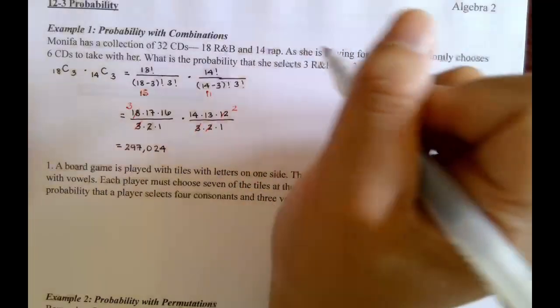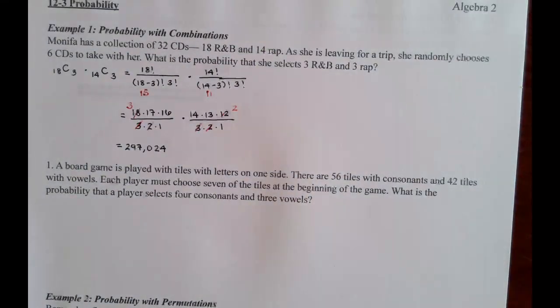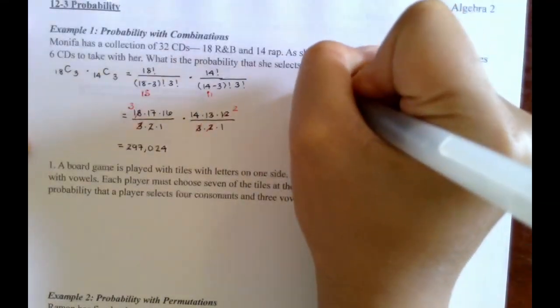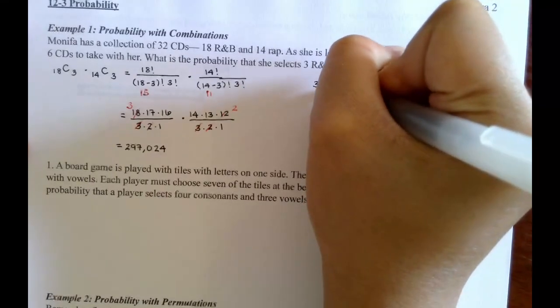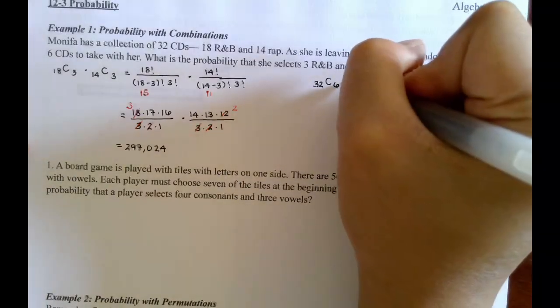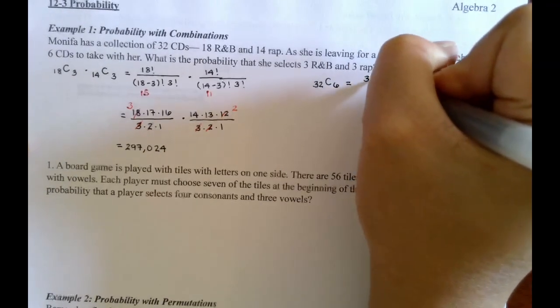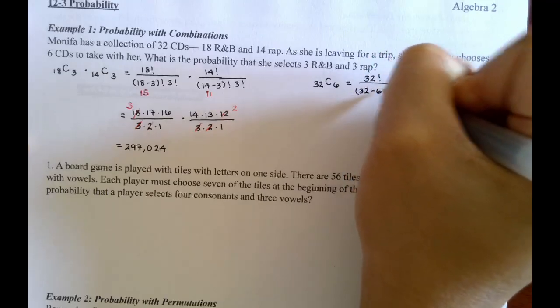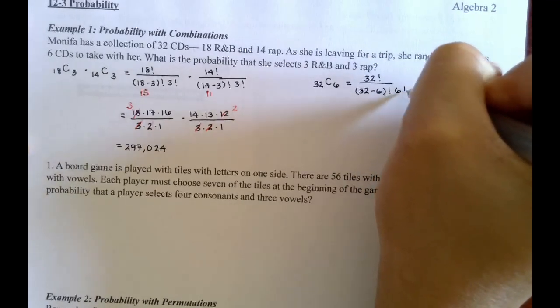Then we need to figure out how many possible total groups she can have, right? And so then there are 32 CDs, and she's choosing 6 of them. Okay, so 32C6, that'll be 32 factorial over 32 minus 6 factorial over 6 factorial.